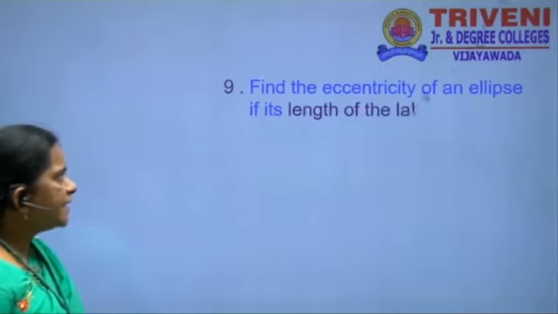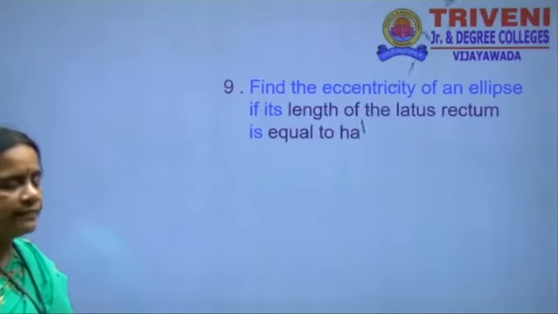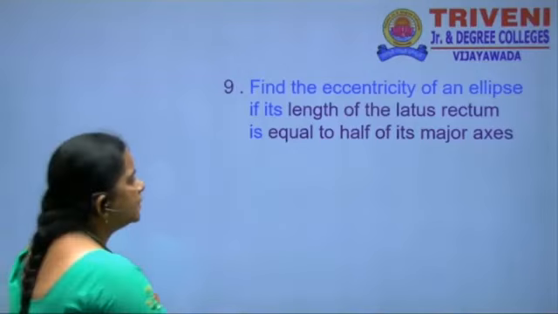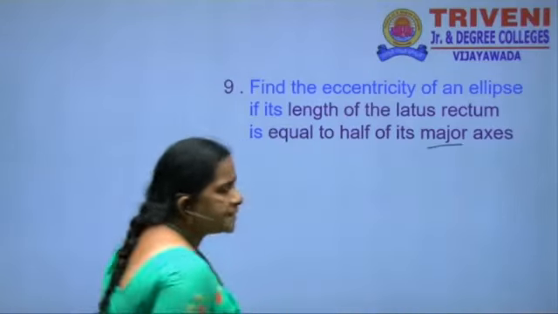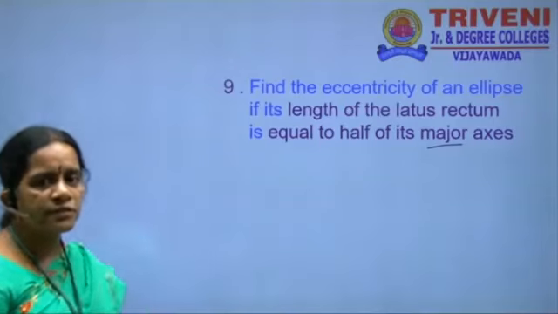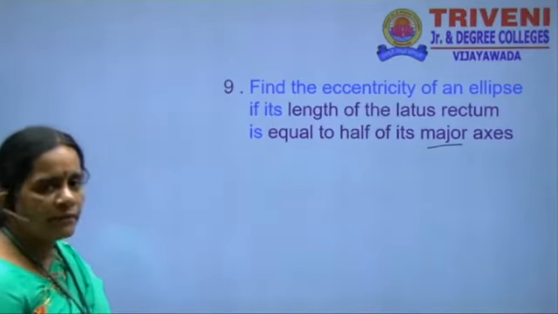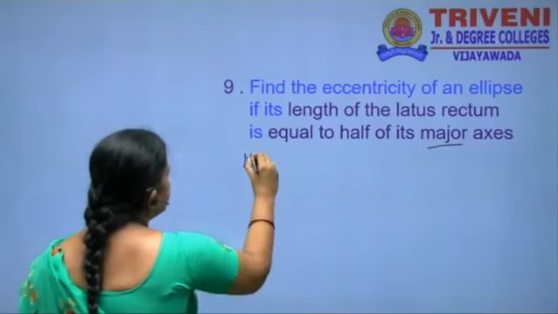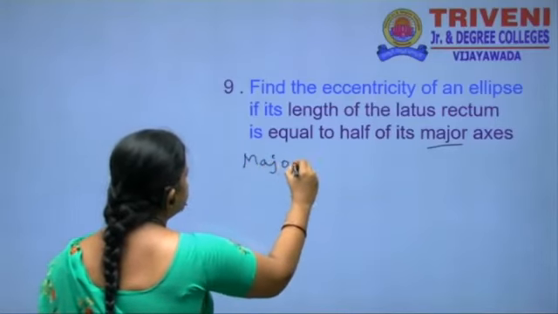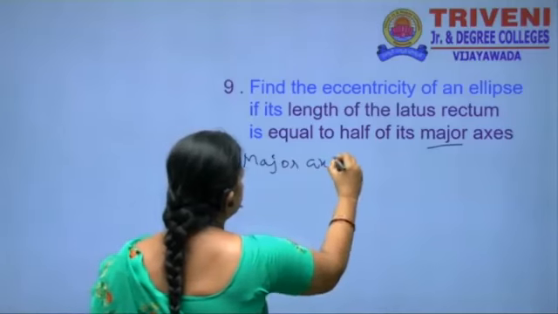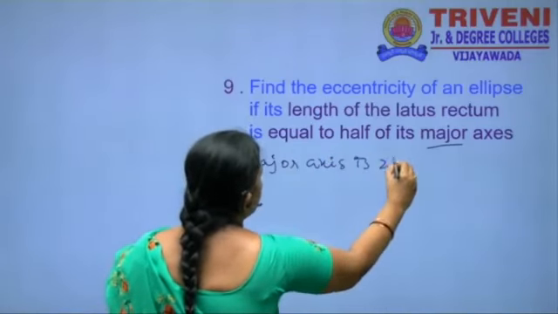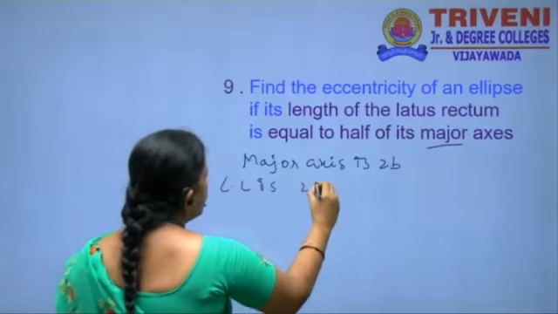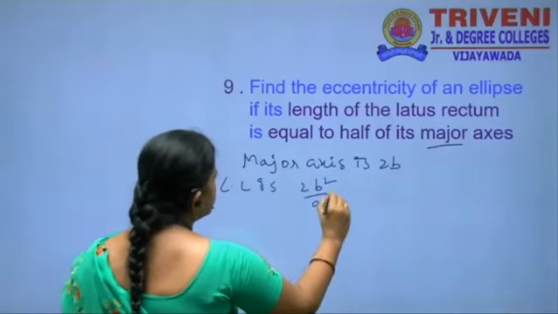Find the eccentricity of an ellipse if the length of the latus rectum is equal to half of its major axis. In standard form, the major axis is 2b, and the length of the latus rectum is 2b square by a.